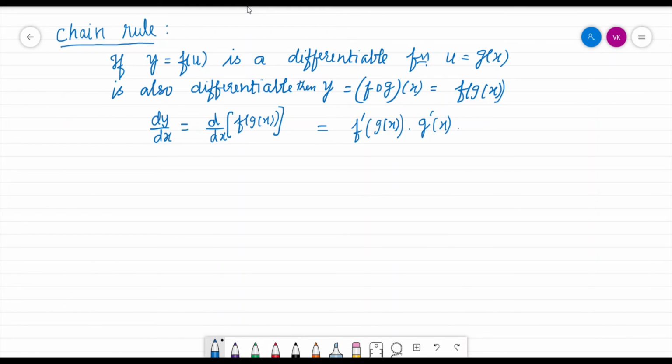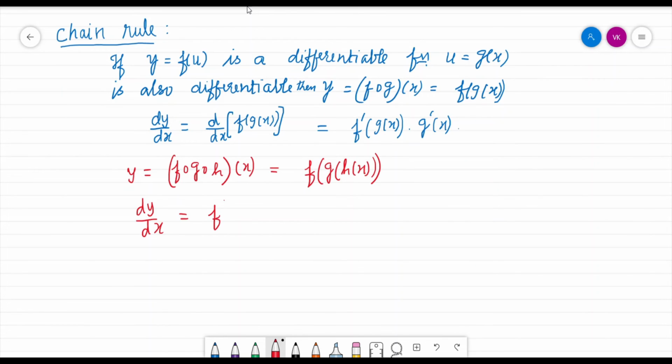Suppose y is a composition of three functions, y is equal to f of g of h of x, then dy by dx is equal to f dash of g of h of x into g dash of h of x into h dash of x.